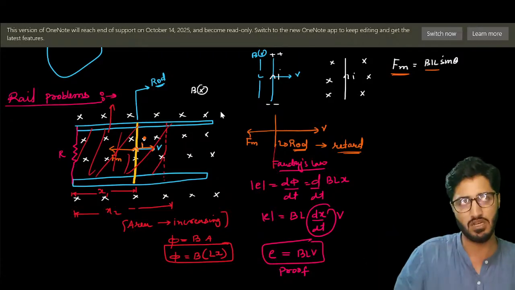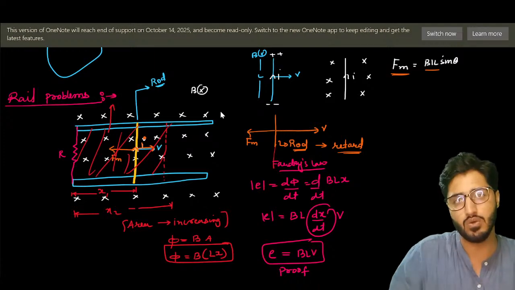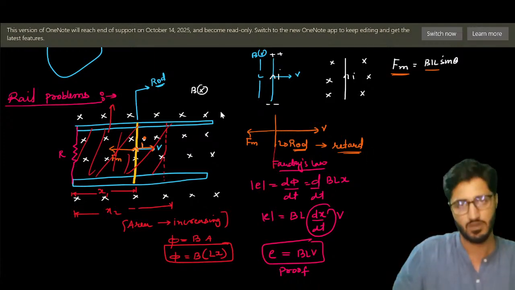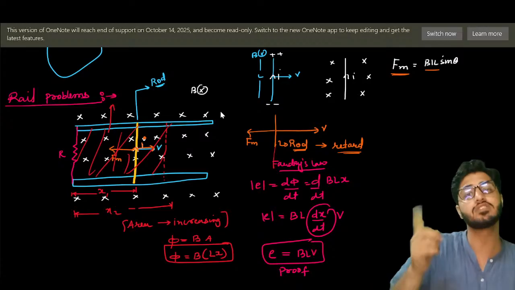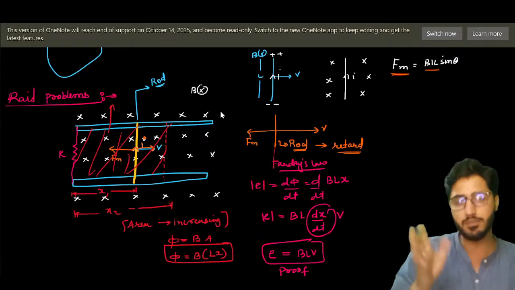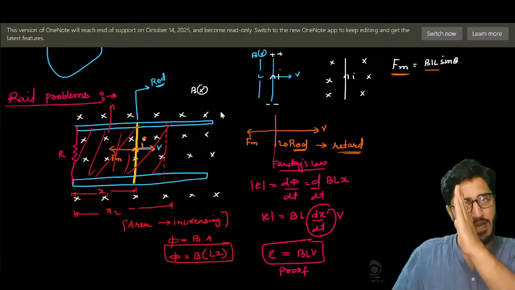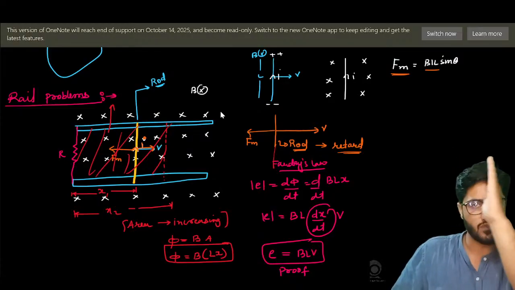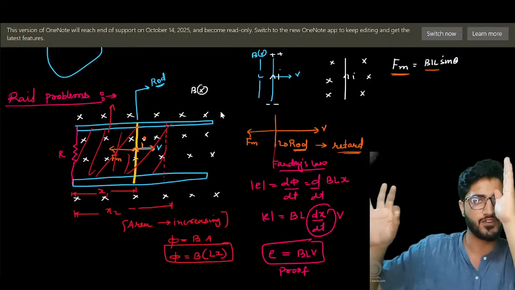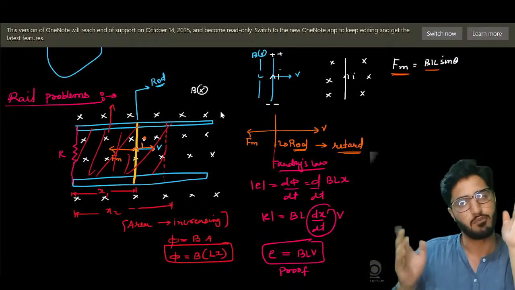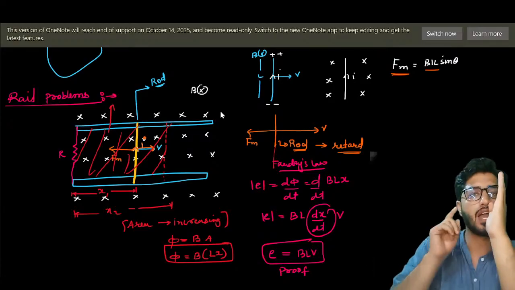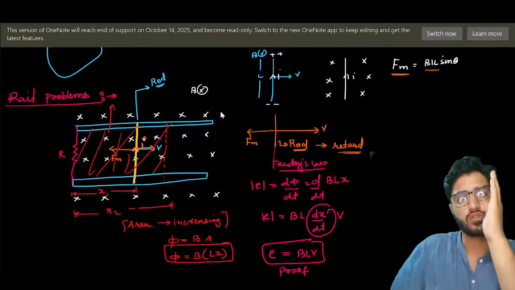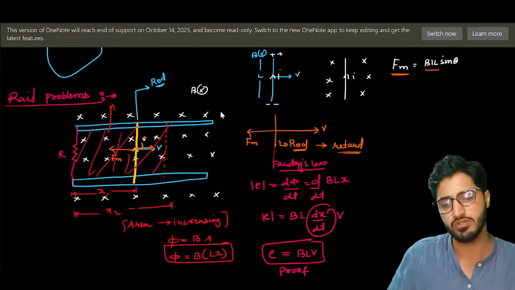If somebody asks what extra force you need to apply toward the right side so that its velocity stays constant. My rod is going rightwards, but there is a force leftwards, so there will be retardation. What is the minimum force you should apply on this rod so that it moves with constant velocity?